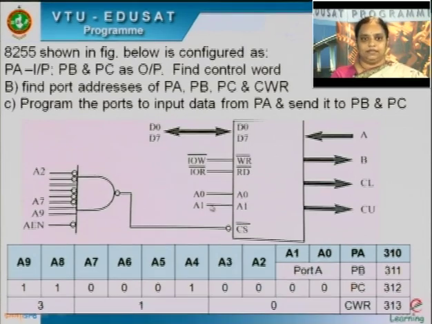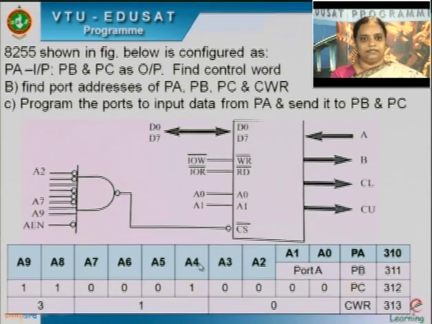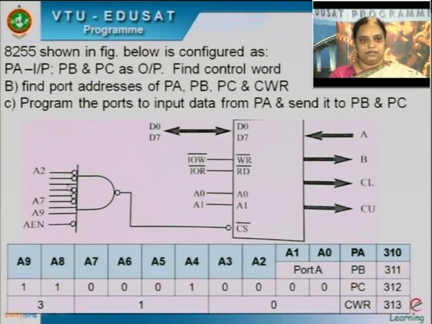So as we have seen, A1 and A0 are given directly to the 8255 chip. If it is 00, it will be port A. If it is 01, it will be port B, and so on. So when we decode this, we can see that A2 is 0, A3 is 0, A4 is given directly without a bubble, so A4 is 1, the rest are all zeros.